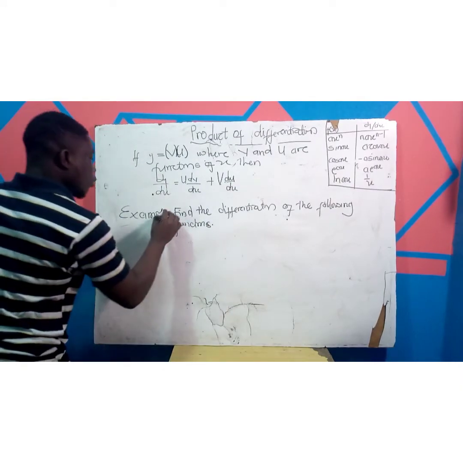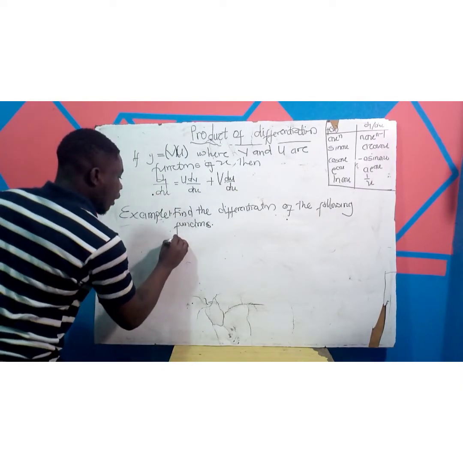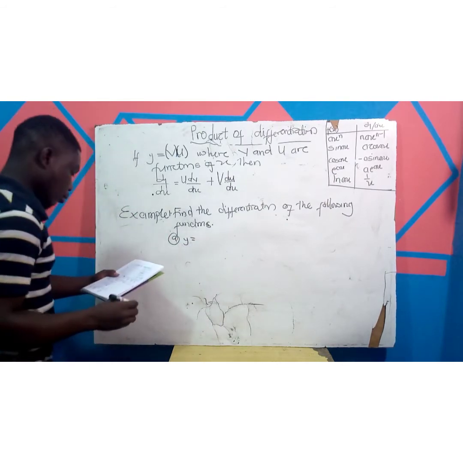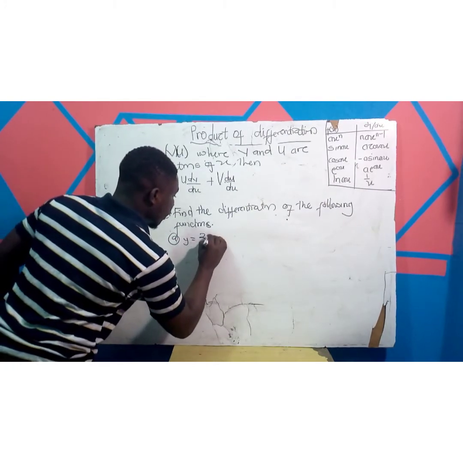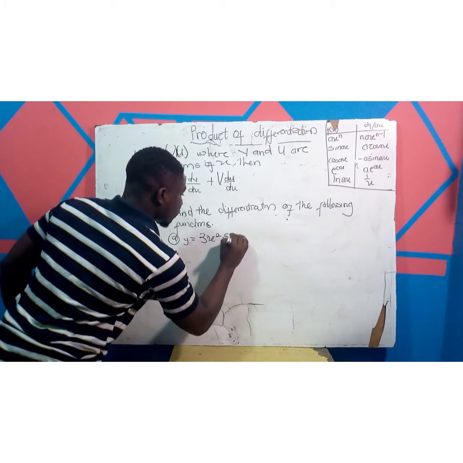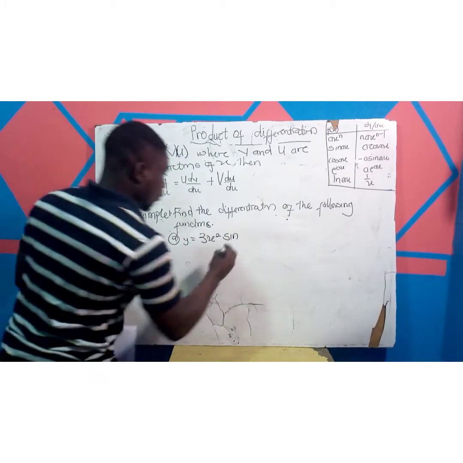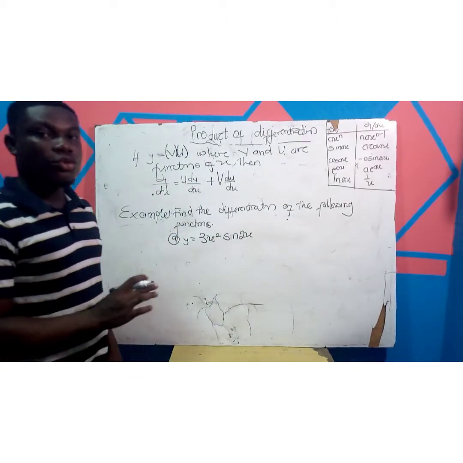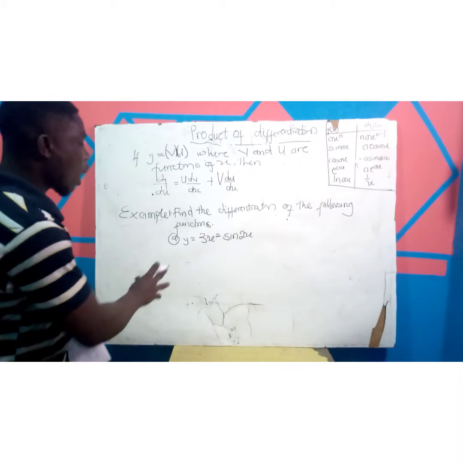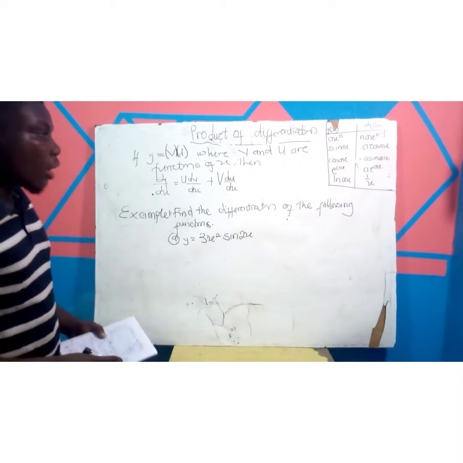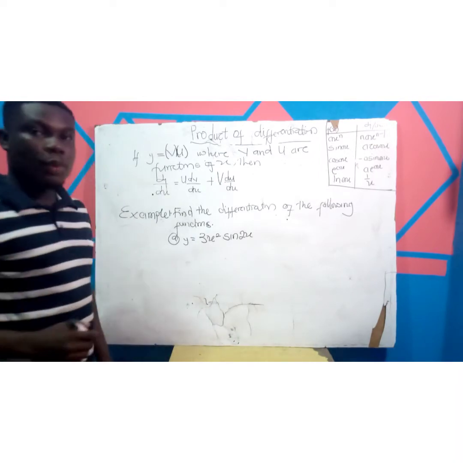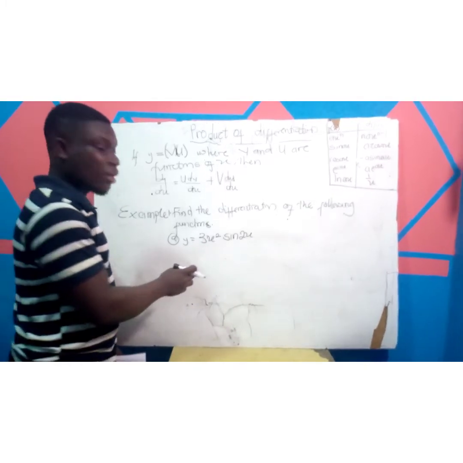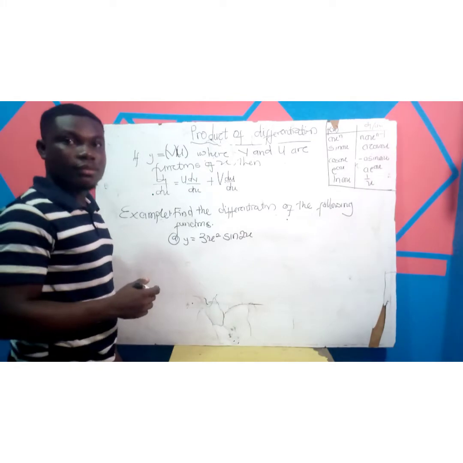Let's say a, y is equal to 3x squared sin 2x. So you're going to look at how you will solve this. Looking at this example, we have 3x squared sin 2x.